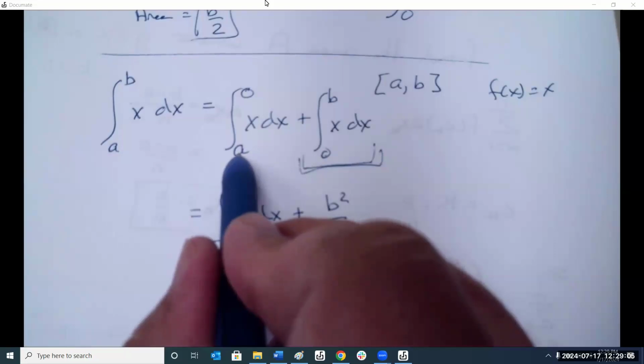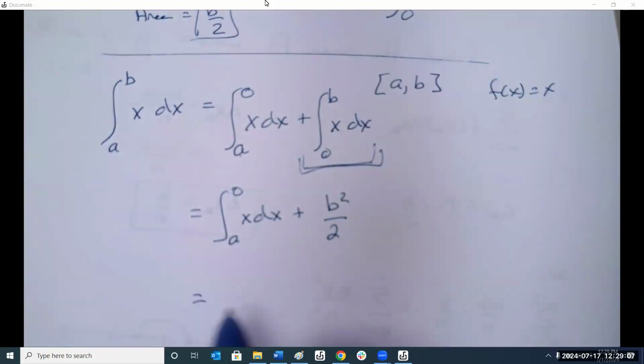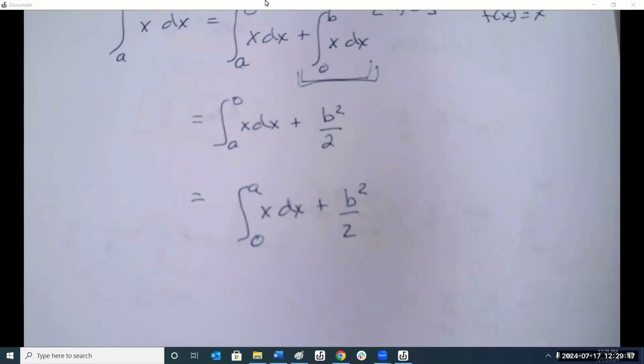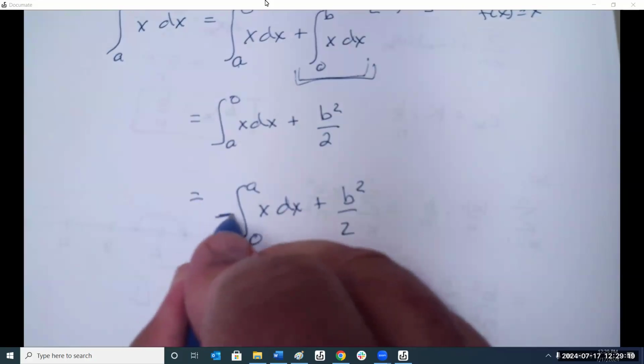Well, what if we made this one go from 0 to A? If we change the direction of integration, going from 0 to A, since we switch those, we have to change the sign.